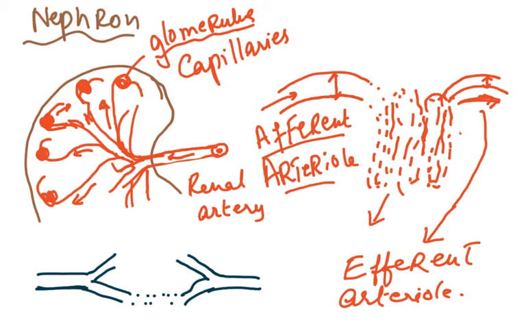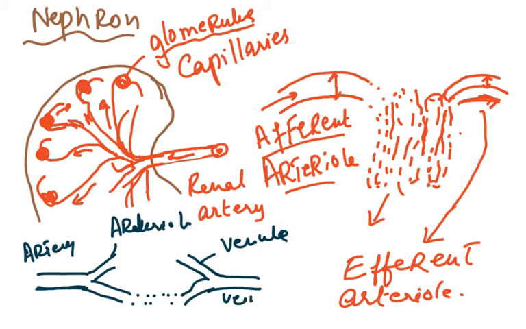So the normal is artery, arteriole, then capillary, then venule, and then vein. But here we see something very strange. We see afferent arteriole, and then we see capillaries. So these are the glomerular capillaries. And then you see an efferent arteriole. So arteriole, capillaries, and again an arteriole.